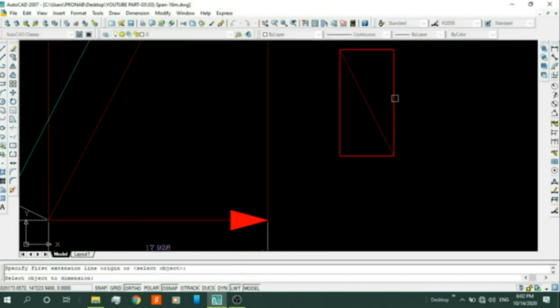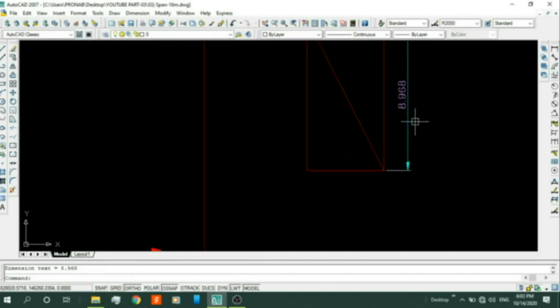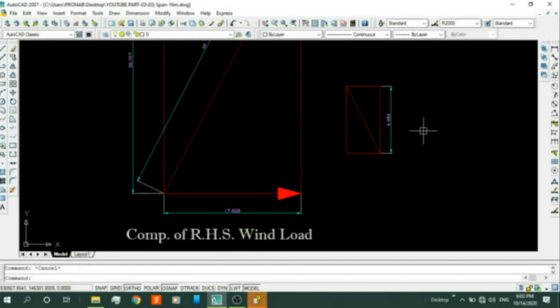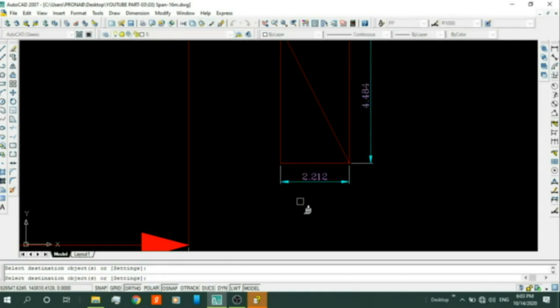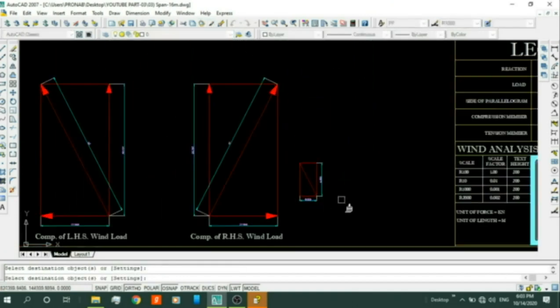Value of vertical component 4.484 and value of horizontal component 2.212.